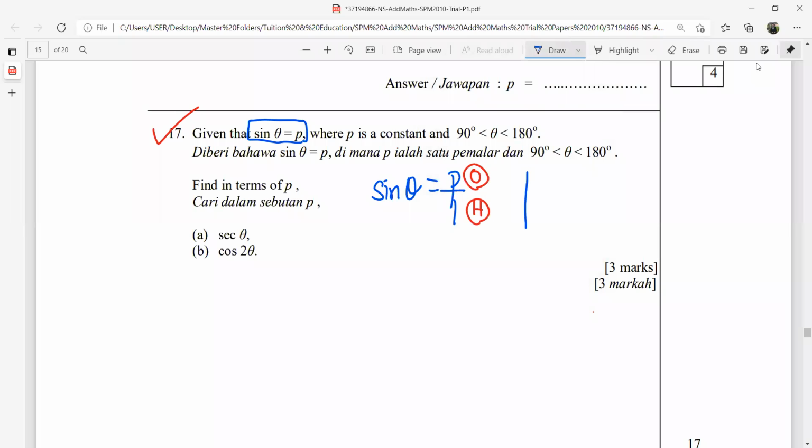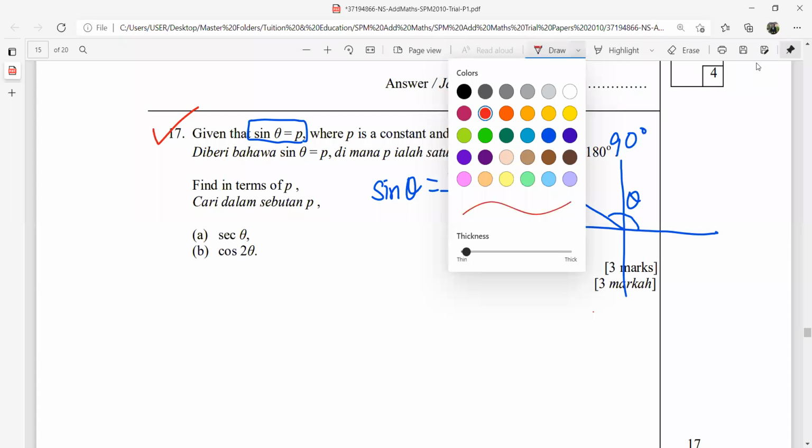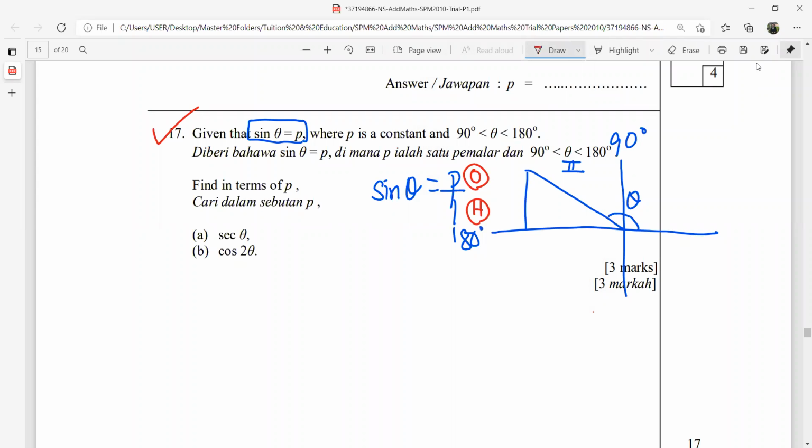So you build the triangle, and they say it is in 90 to 180 degrees, the quadrant 90 to 180. So the angle theta is measured in quadrant 2, but you have to know how to put it in the picture. Opposite is here, P. Hypotenuse is here, 1.